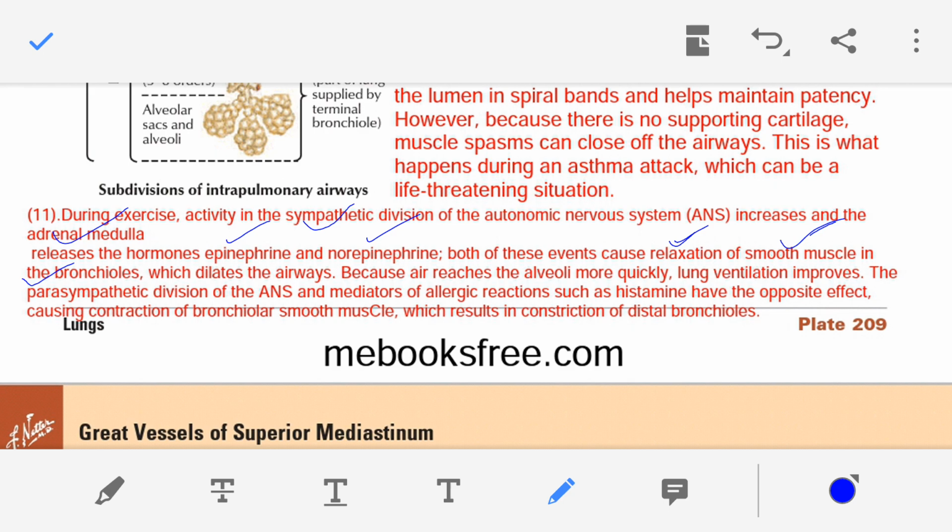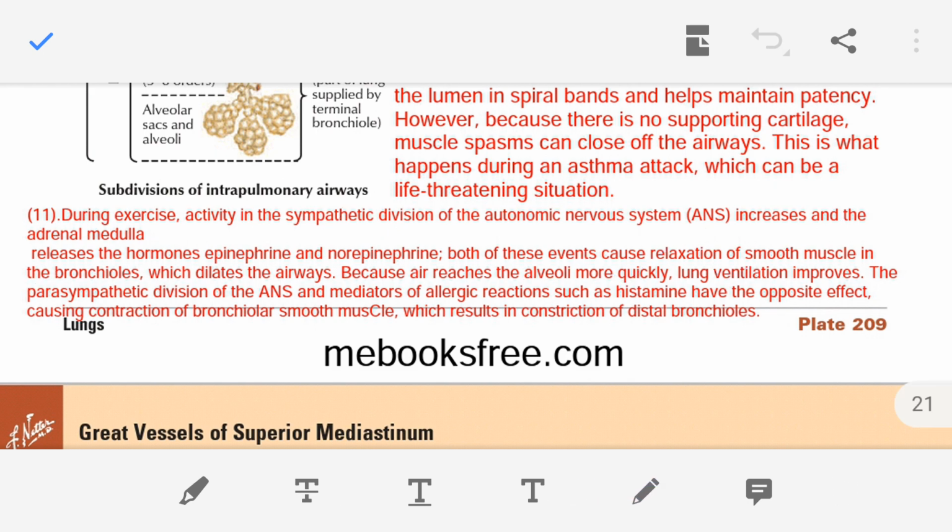That is the respiratory membrane. Because the air reaches the alveoli more quickly when we are exercising, lung ventilation also improves.